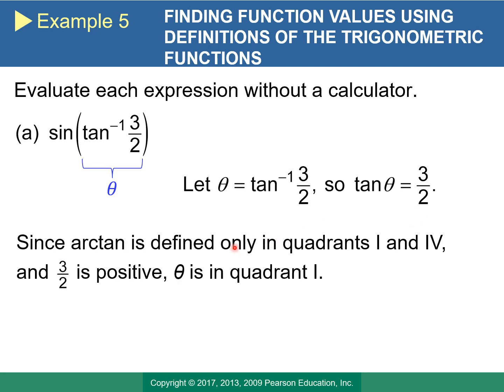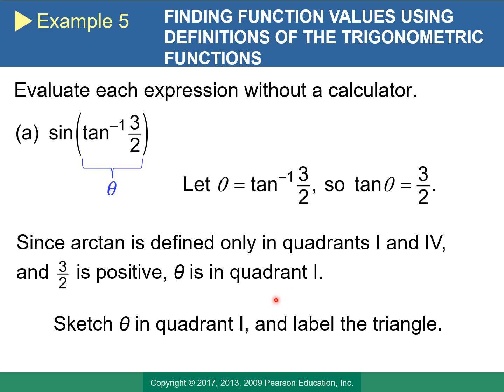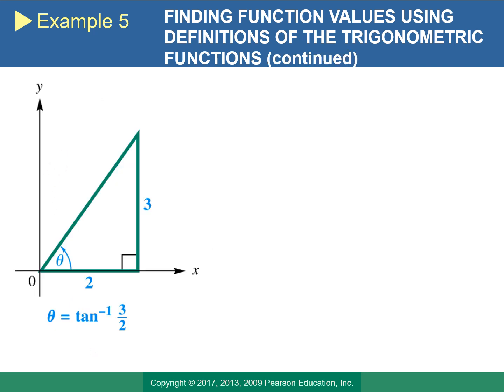Now tangent inverse, or arctangent, we know it's defined in quadrants 1 and 4. Since we're given a positive tangent value, 3 over 2, we're going to focus our attention on quadrant 1. Now we're going to sketch a triangle in quadrant 1 in order to figure out what we're looking for, which is eventually going to be the sine value of this angle.